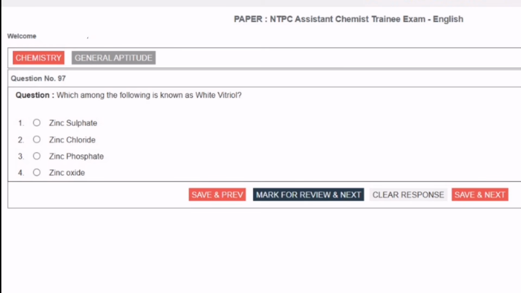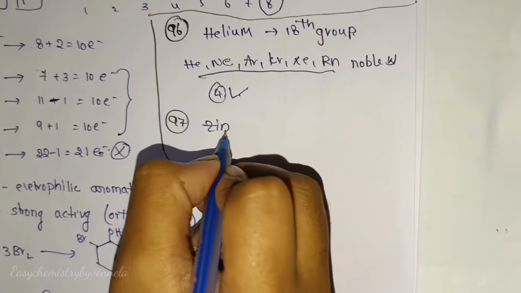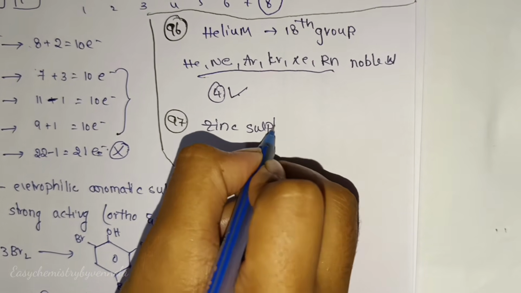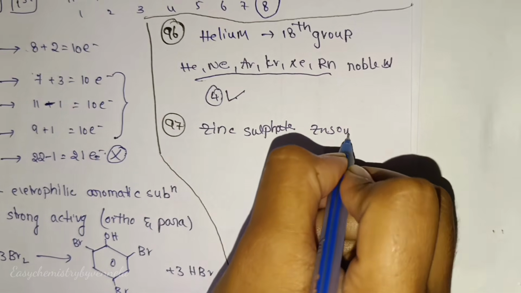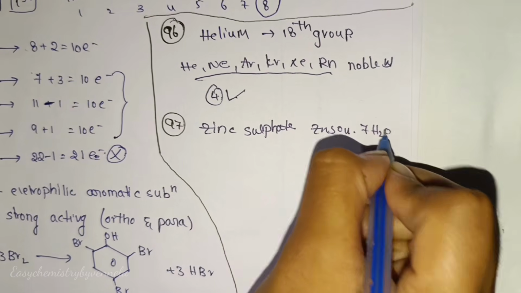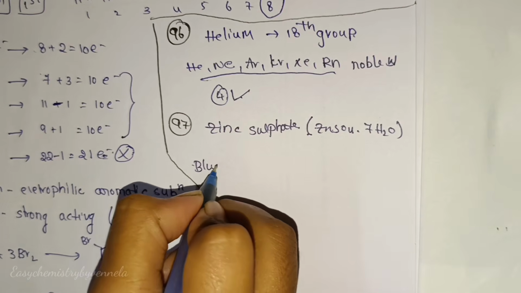Next question. Which among the following is known as white vitriol? Zinc sulfate, zinc chloride, zinc phosphate, zinc oxide. That is zinc sulfate, ZnSO4 7H2O. I am giving other vitriols also.